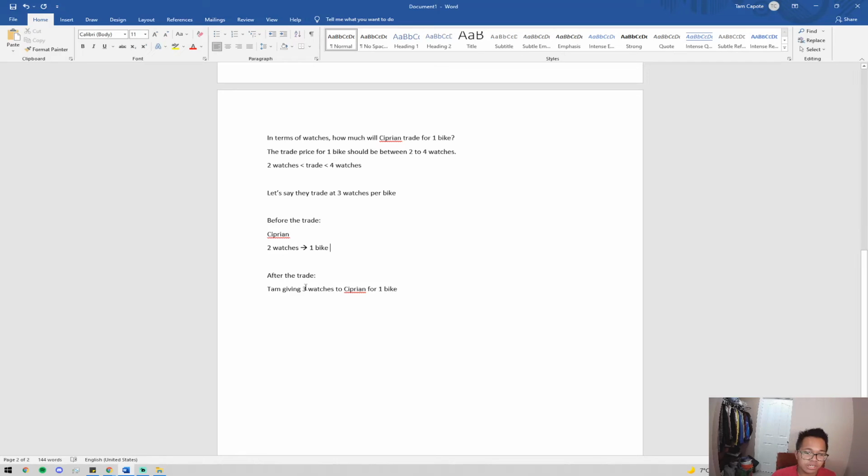But with trade, Cyprian basically got an extra watch because he receives 3 watches. So 3 minus 2, so basically Cyprian gets 1 extra watch from the trade.